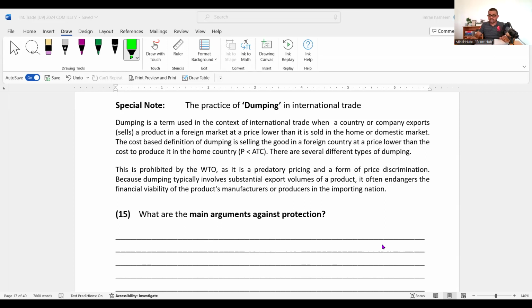First thing. Second thing is, as I said, you might ask, okay, why would they, aren't they making losses by selling the product at a lesser price in the foreign country than the price in their country, or lesser than the cost, average total cost? What do you think? Why would that make sense for them? They're selling a large volume, but still they could make losses. Why are they doing that?